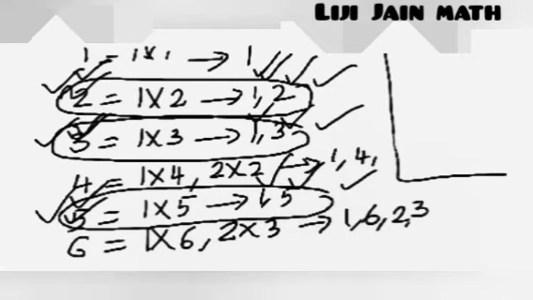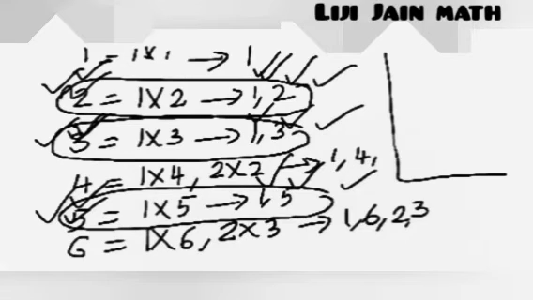Numbers having two and only two factors, in which the first factor is 1 and the second factor is the number itself, are known as prime numbers.